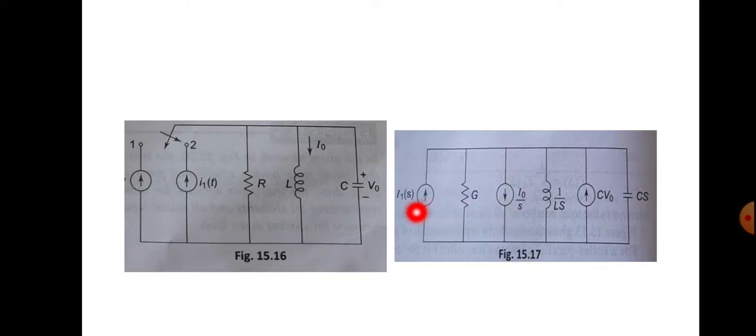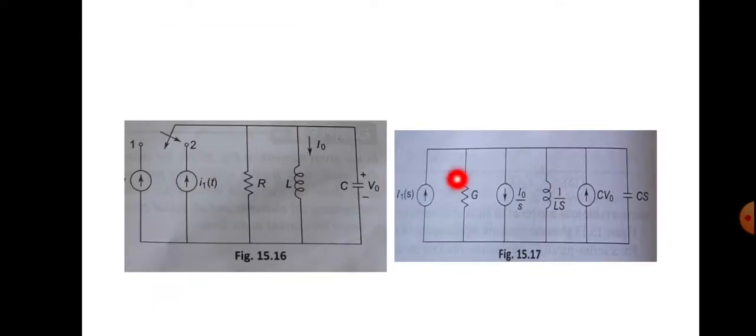So we get I1(s) plus CV0 minus I0/s. And the total admittance is G, 1/Ls and Cs, and these are all added. So total admittance is G plus 1/Ls plus Cs. So we get the transformed voltage V(s) equal to I(s) by Y(s), and we can take the ratio. So we will get V(s).